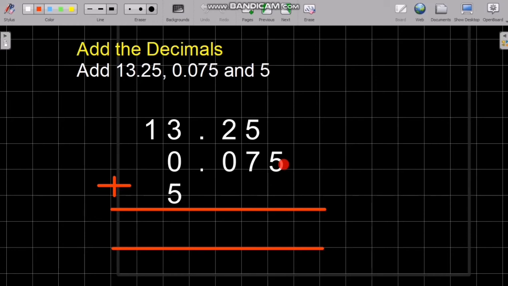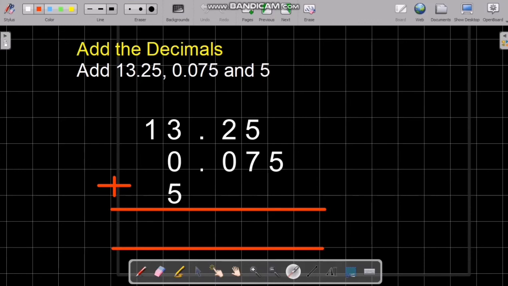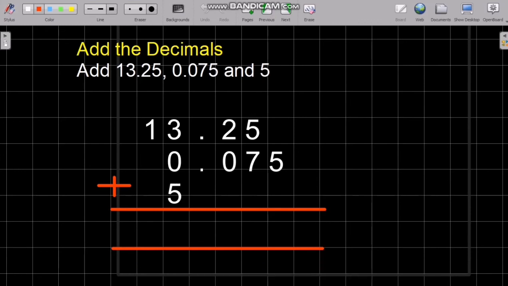If we have some missing places, we write the numbers by putting zeros like this. We complete our numbers by putting zeros. Don't forget to put the decimal point.